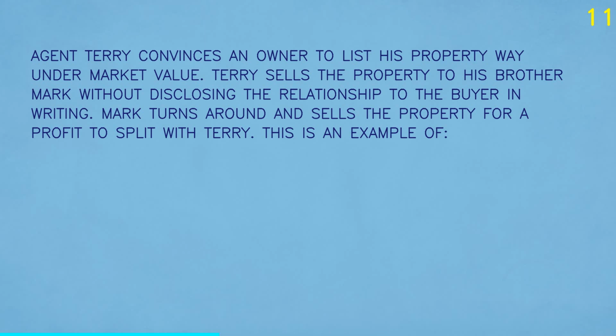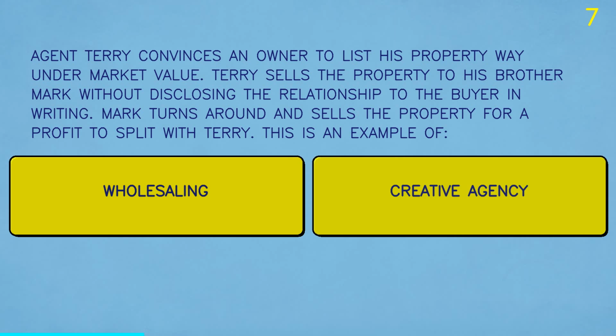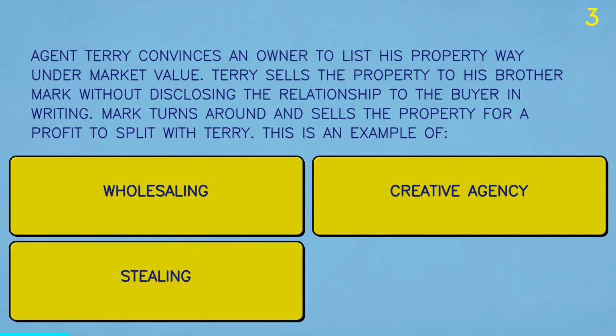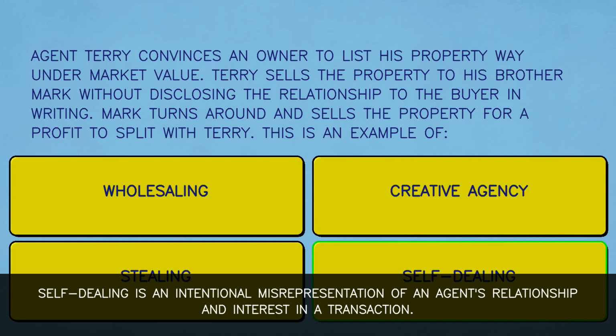This is an example of A. Wholesaling, B. Creative agency, C. Stealing, D. Self-dealing. The correct answer is self-dealing. Self-dealing is an intentional misrepresentation of an agent's relationship and interest in a transaction.